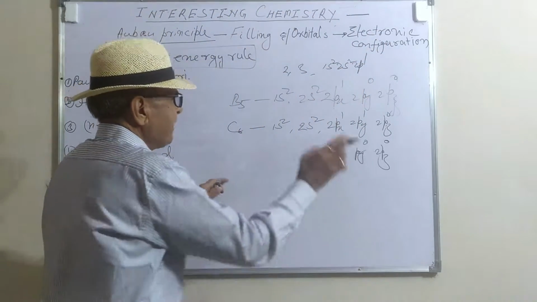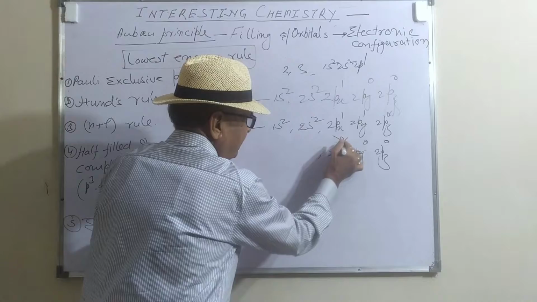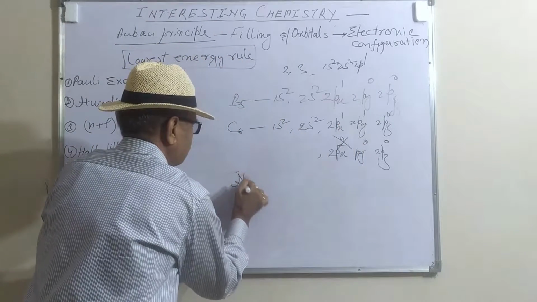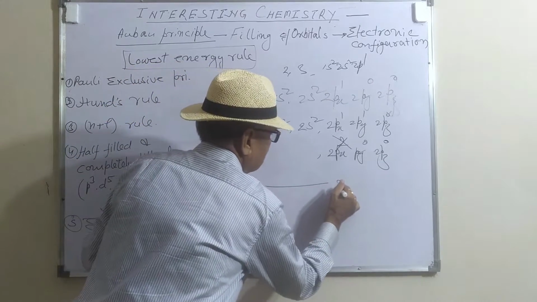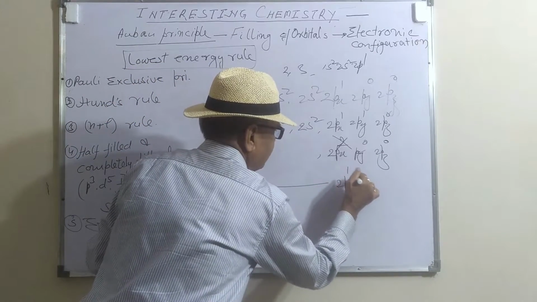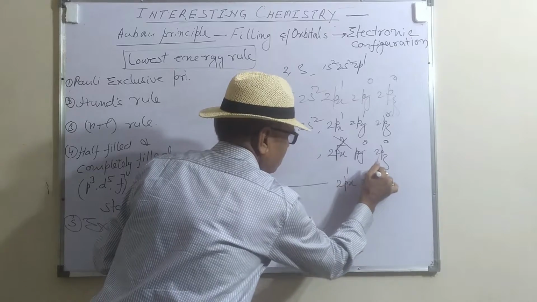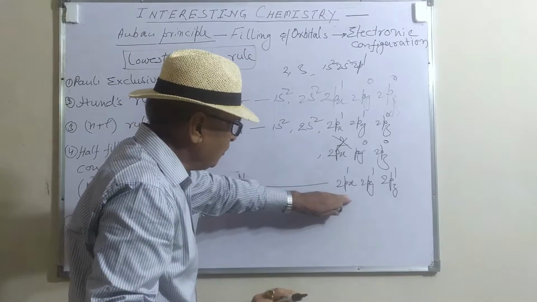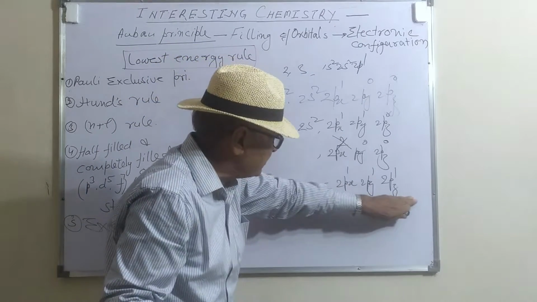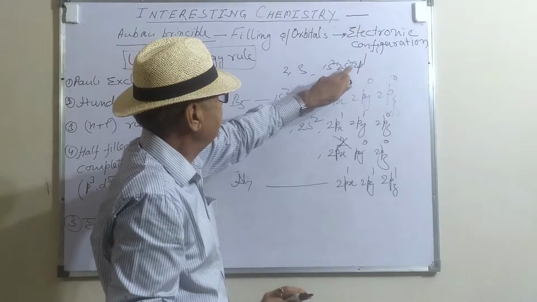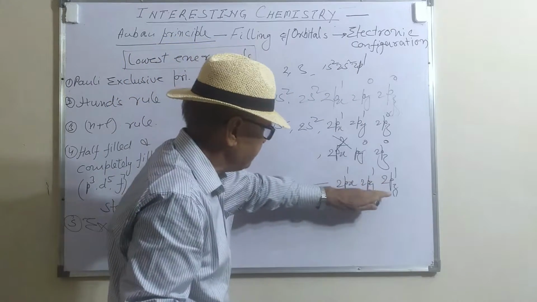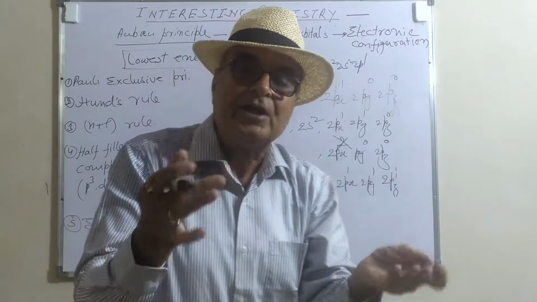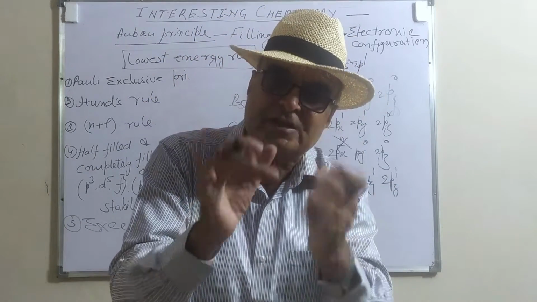It means this pairing will not start until, suppose now carbon, now nitrogen 7, the same: 2px1, 2py1, 2pz1. The three orbitals of the same subshell p have got one electron each.